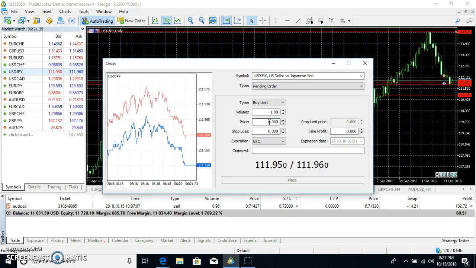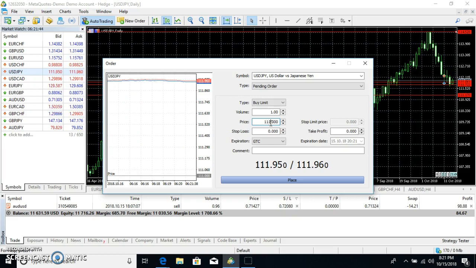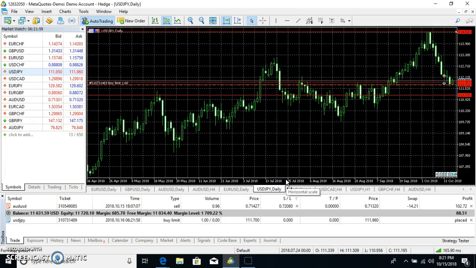I'll put it in a pending order at 111, which I don't think it'll hit, but I'm just showing you a quick pending order. That means I expect it would have to go down 25 pips for me to get into that. I don't chase trades. That's how I do pending orders. Okay? So that's how it works for me.